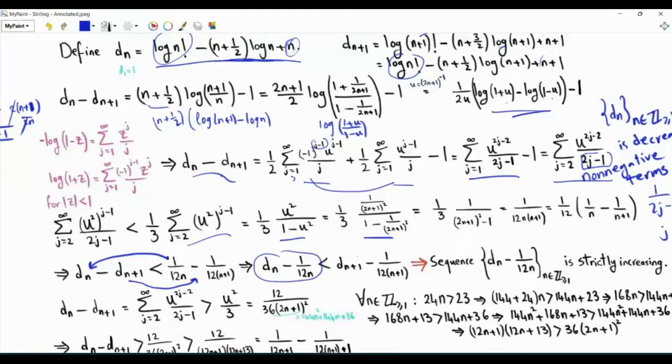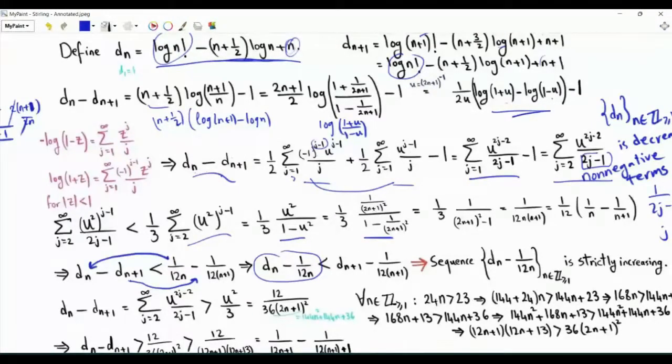And this is the next term in the sequence. And what is happening in this sequence? If we increase n from n to n plus 1, basically the sequence increases. So the sequence dn minus 1 over 12n is strictly increasing. That's a strictly increasing sequence.